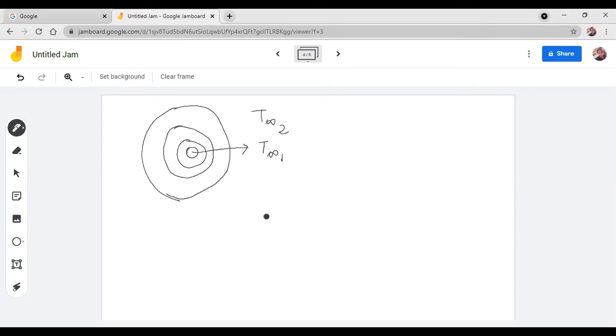For a cylinder of length L, the heat transfer with convection on both sides can be expressed as Q is equal to T infinity 1 minus T infinity 2 upon R total.